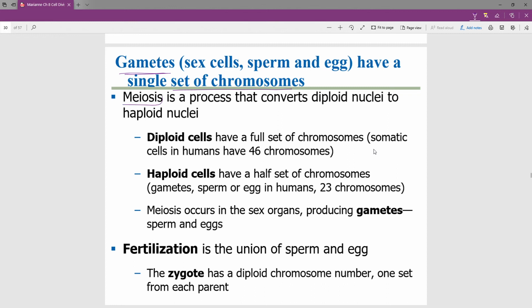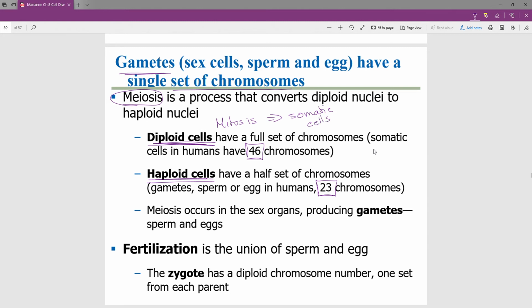They're produced through meiosis, and it creates haploid cells. And so diploid cells, I've gone through this, but it's now written out for us. So diploids have a full set of chromosomes. In humans, 46. Haploid cells, the sperm and the egg in humans, have 23. And so we have mitosis creating somatic cells.